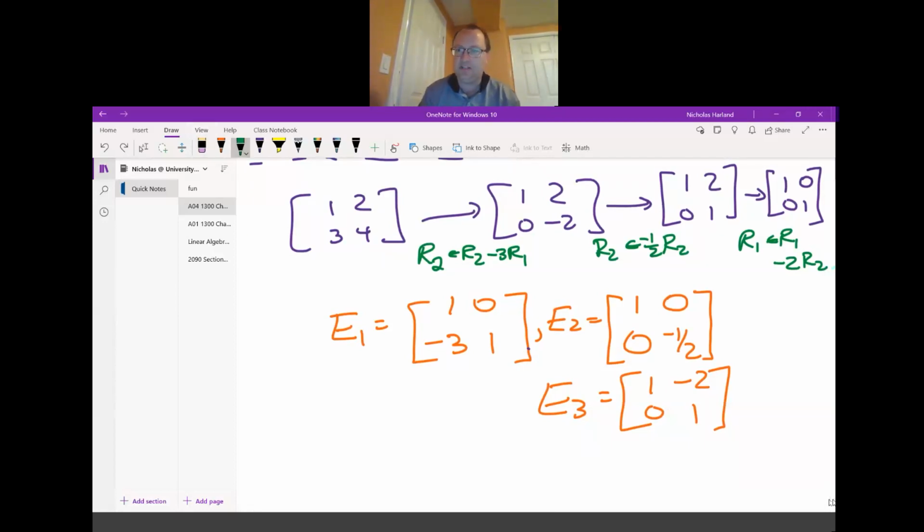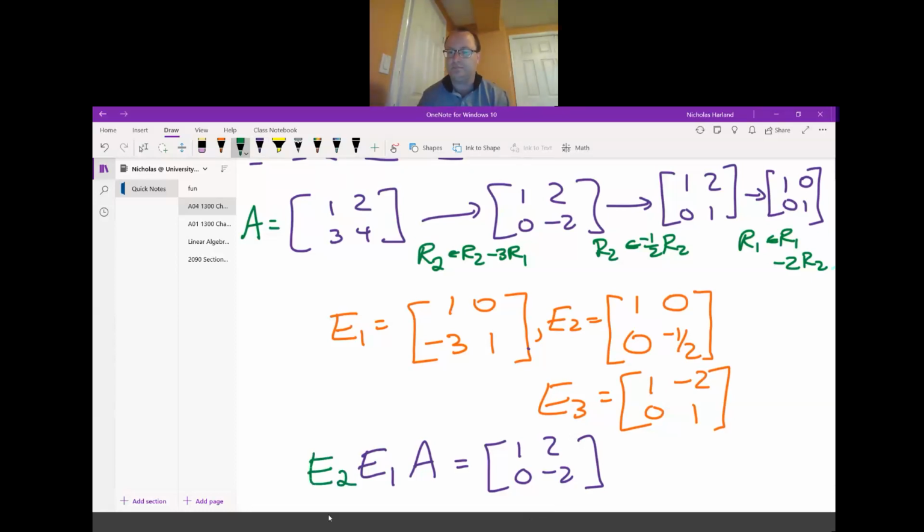So the big point is, let's call this matrix A. What is E1 times A going to equal, based on what we talked about in the last example? Yeah, it's this matrix right here. 1, 2, 0, negative 2. Now matrix multiplication is associative, so I don't need the brackets.